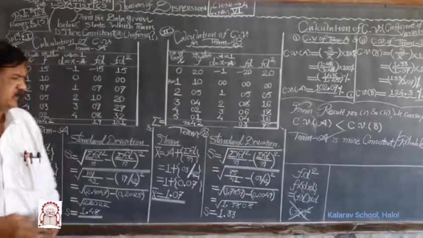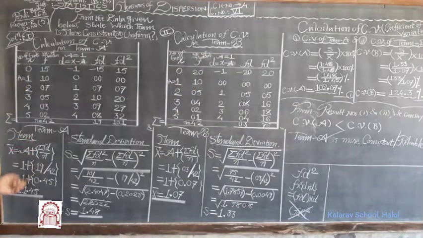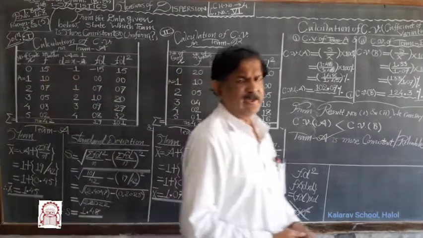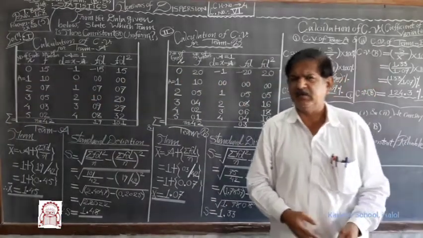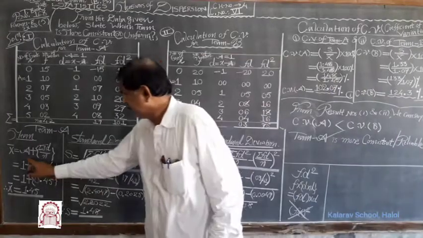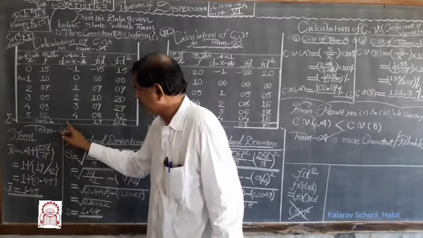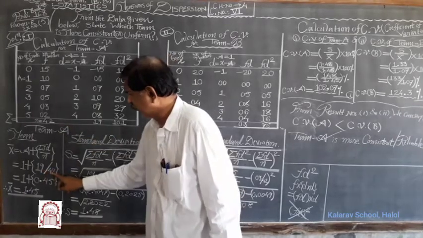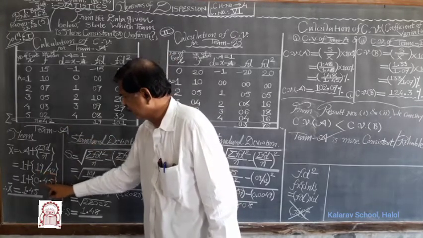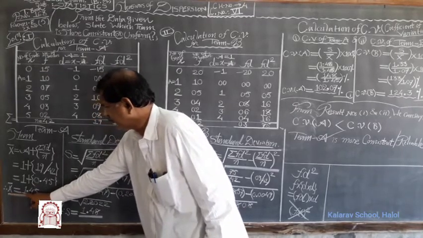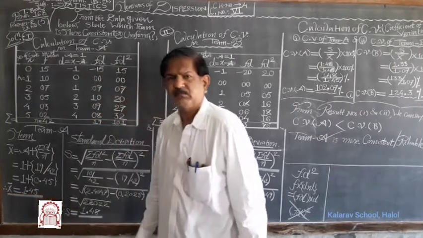After completing this, calculate the arithmetic mean and calculate the standard deviation. Mean is given by A plus sigma fd upon n, means 1 plus 19 upon 42, the division is 0.45. Ultimately, arithmetic mean x bar is 1.45.